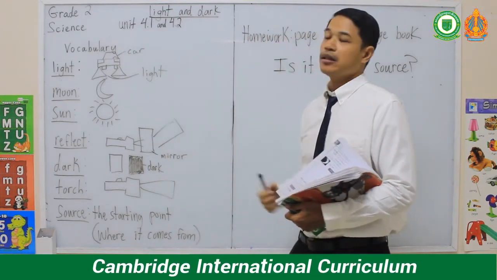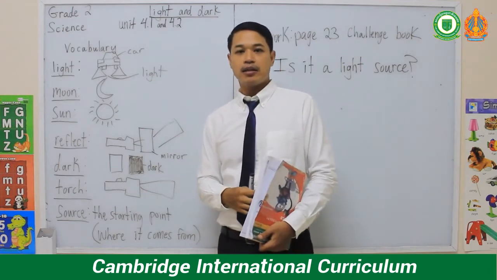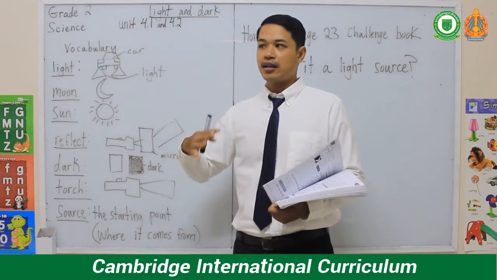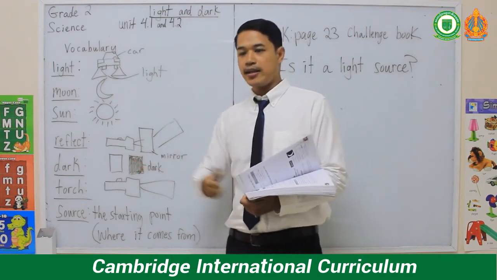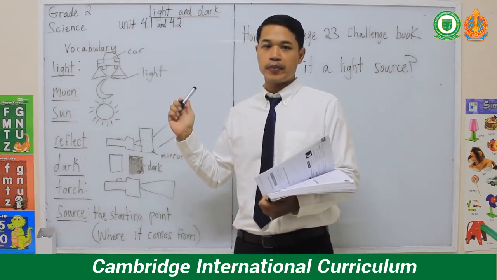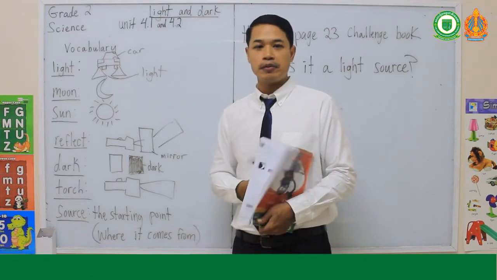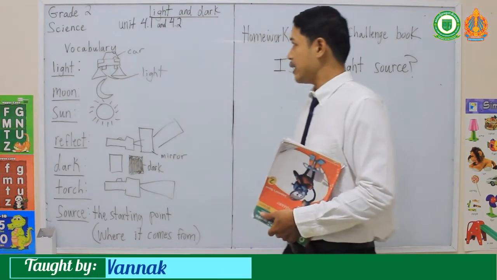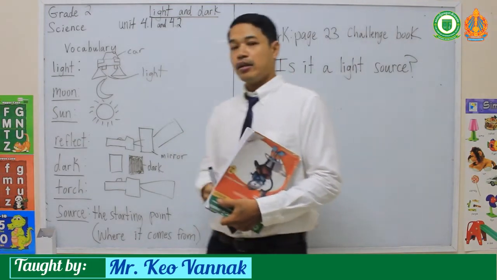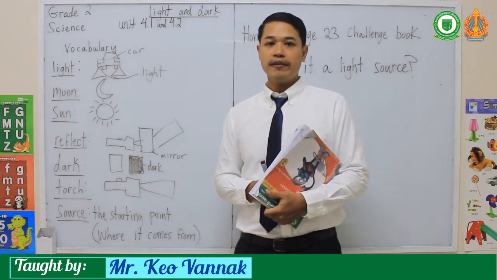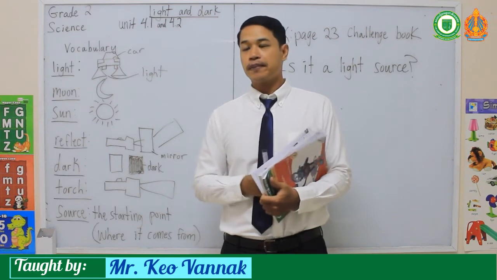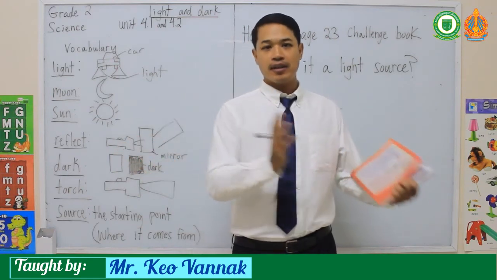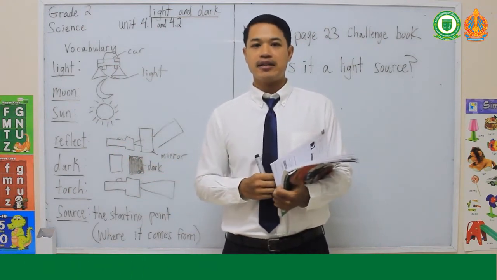Dark is the opposite of light. When it's dark, that means there is no light. And in the dark, like nighttime, you will need light to help you see. Some stuff on this earth are light sources, which means it gives light, it produces light.